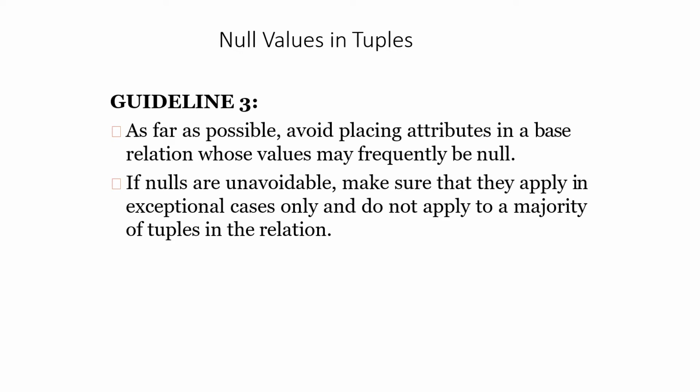If nulls are unavoidable, make sure that they apply in exceptional cases only and do not apply to a majority of tuples in the relation. So if they are unavoidable, we will have to write them, but they should not apply to a majority of tuples.